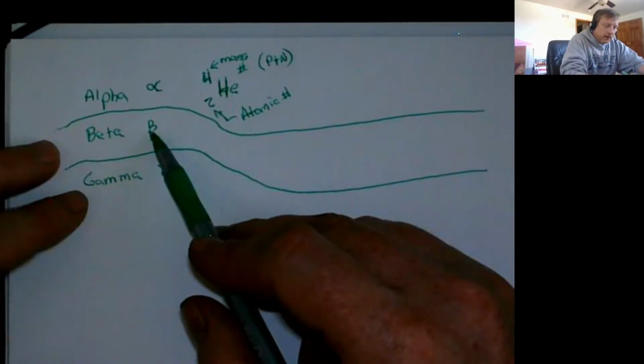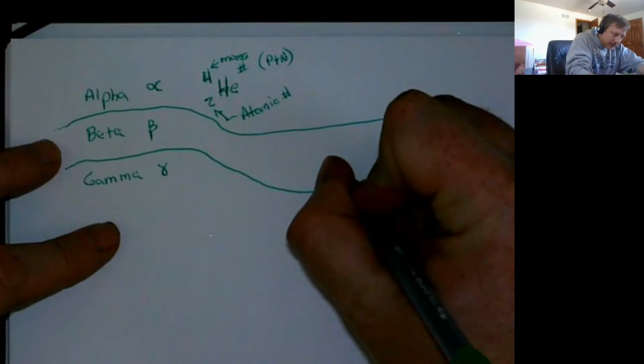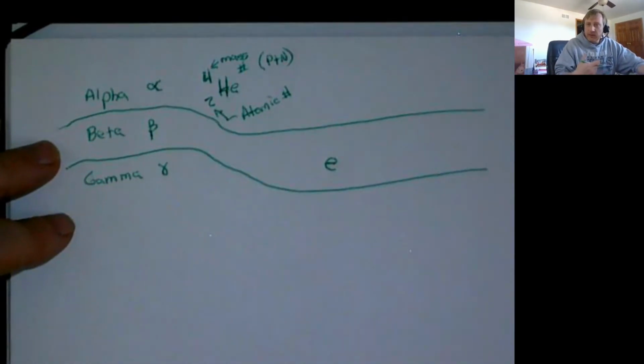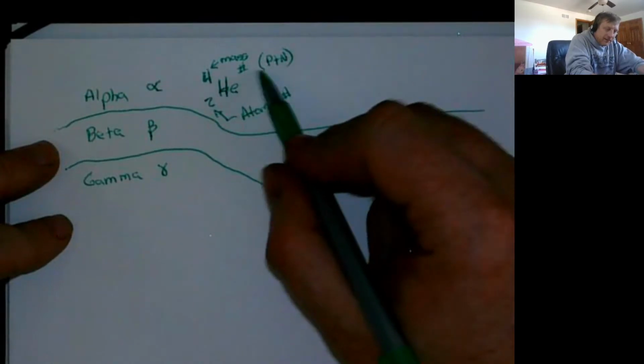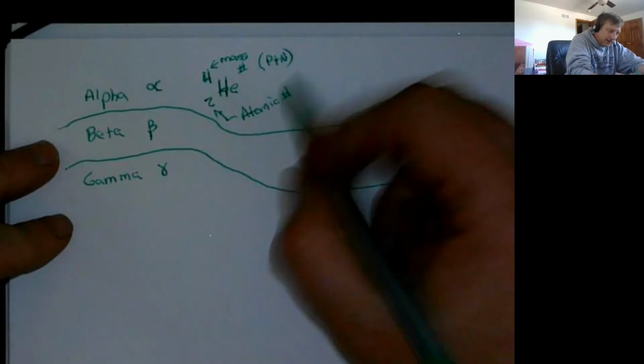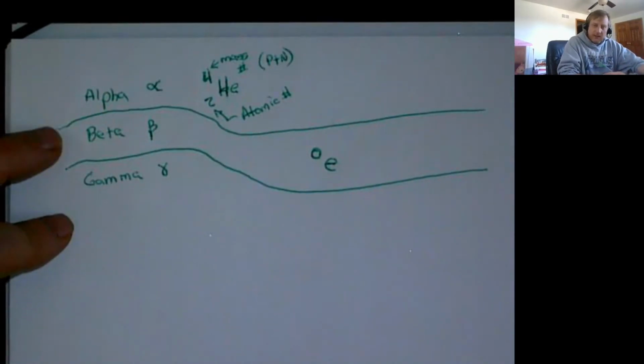And so for our beta emission, it is shooting out an electron. So an electron is the particle being emitted, and we're going to write that just as an e to symbolize electron. And an electron has a mass number, the number of protons and neutrons, of 0. So it's going to have a 0 as the top number.